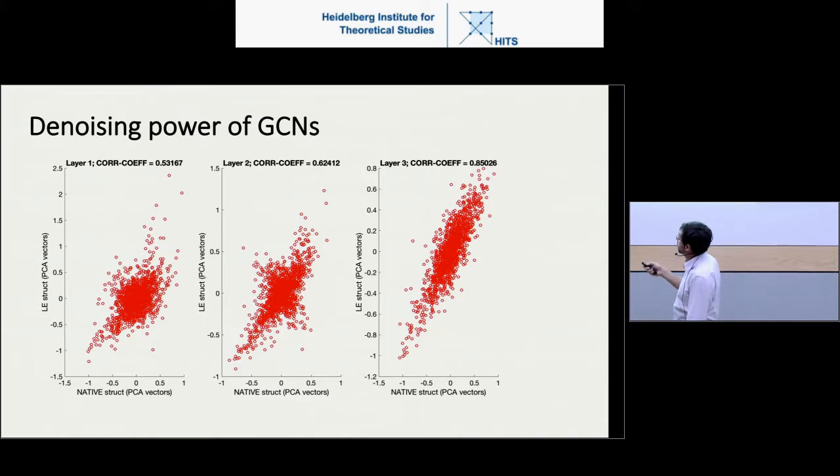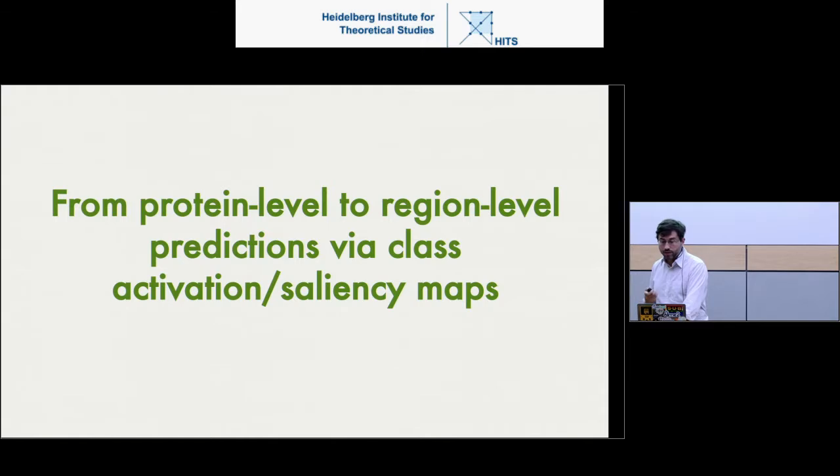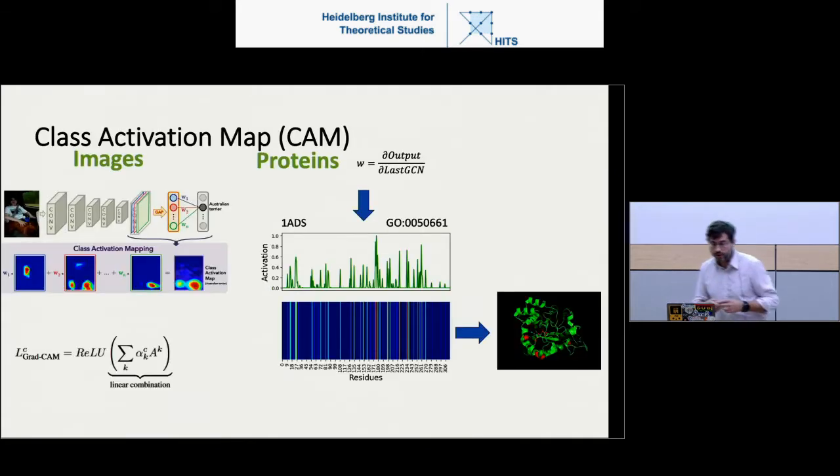So what this is showing us is as we go deeper in the graph convolutional neural network, layers 1, 2, 3 of the graph convolution, and there are only 3 layers, we have a much tighter relationship between the native structure's features and the features from the Rosetta prediction. And this is important because we want to predict the function of everything, and we only have the structures for 50,000 non-redundant sequences. So we need to use de novo and homology modeling in order to do that.